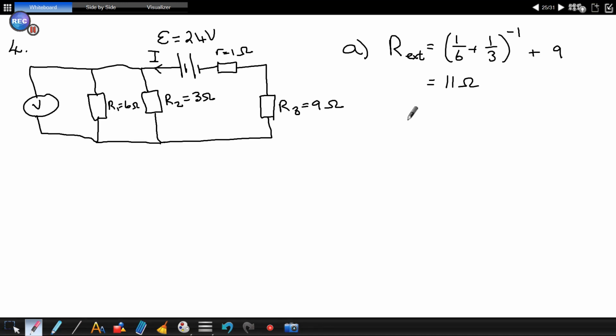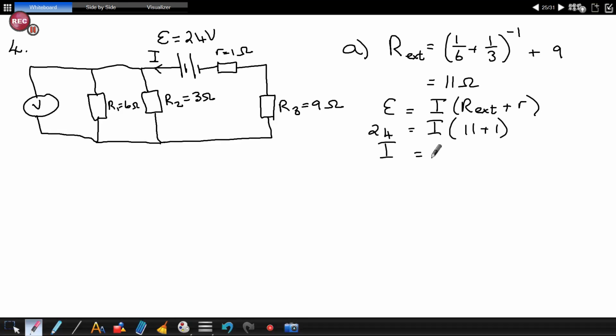So they want us to determine the current. Then I'll go E equals I times R external plus internal resistance. That is 24 equals I times 11 plus 1. So my I would be 2 amperes. Yes, it's right.